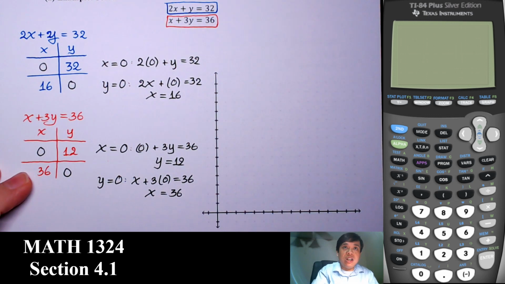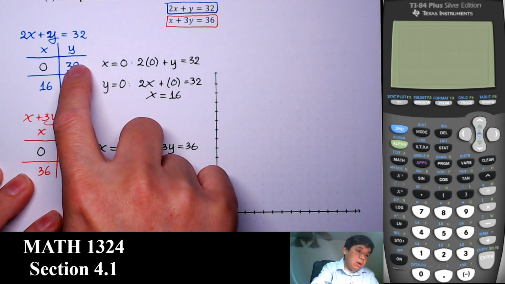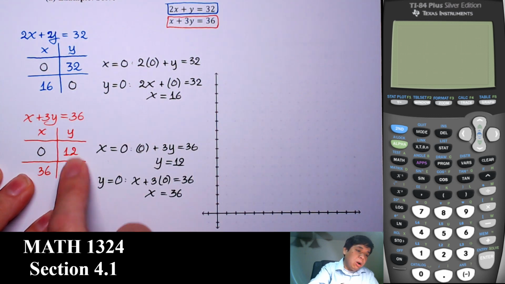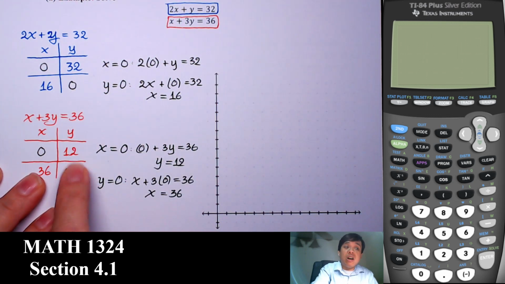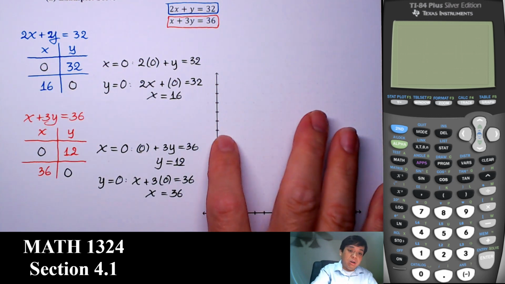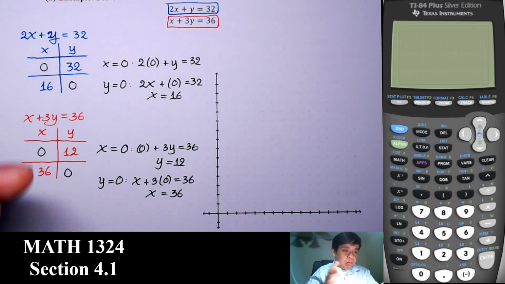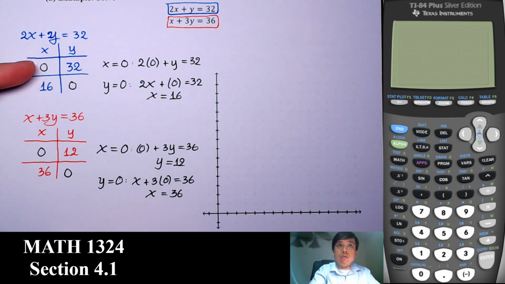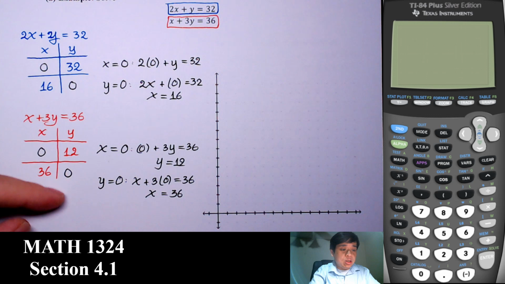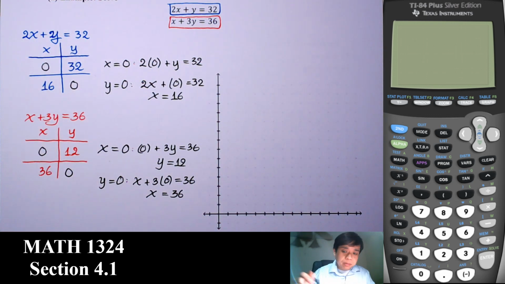Here on the x and y axes, we also have to choose something big enough to accommodate all of the numbers on the coordinate system. So x has to go from 0 to 36, and y has to go from 0 to 32. Something bigger than that range.